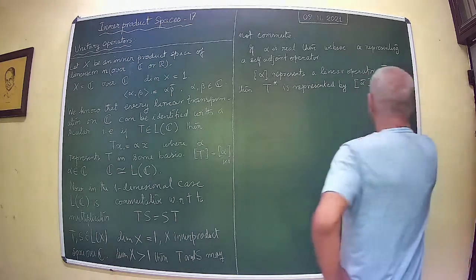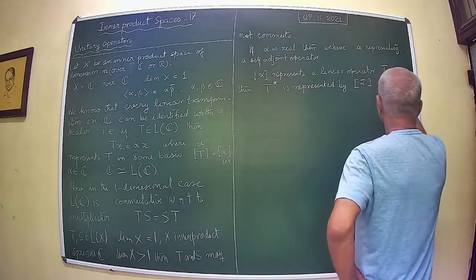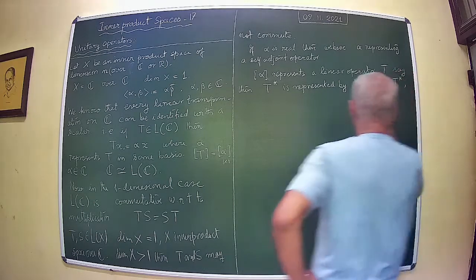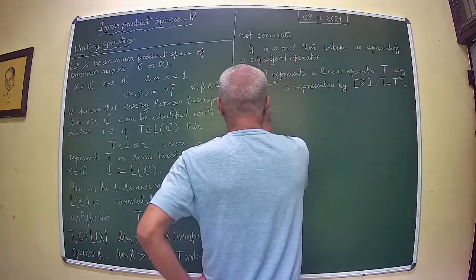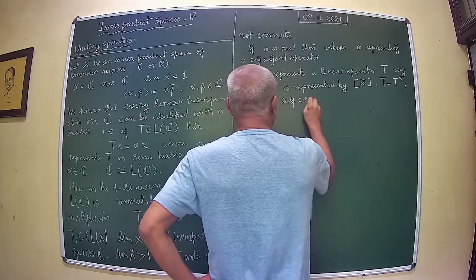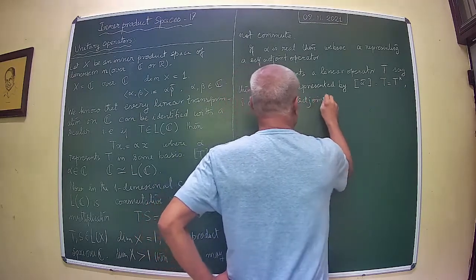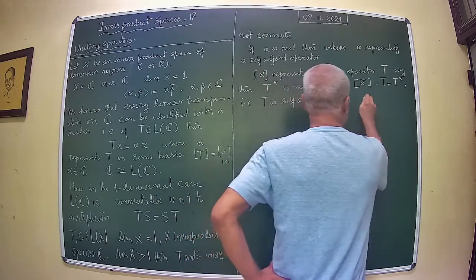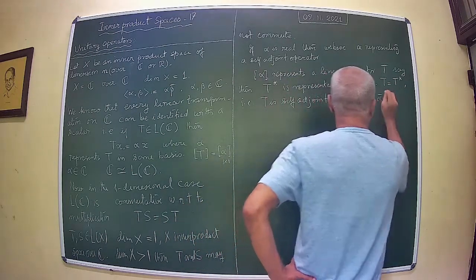And T equal to T star, that is T is self-adjoint, if and only if alpha equals alpha conjugate. That means alpha is real.